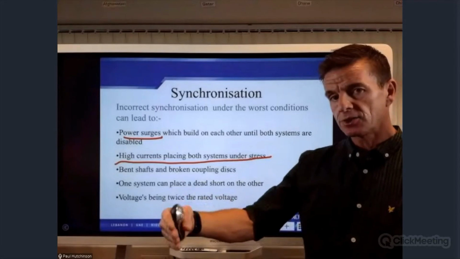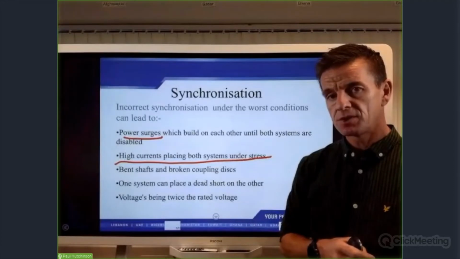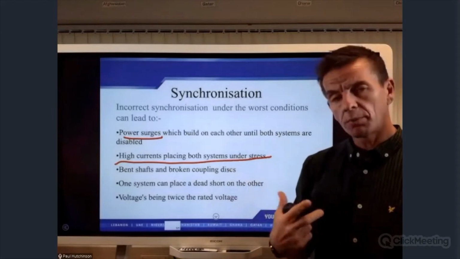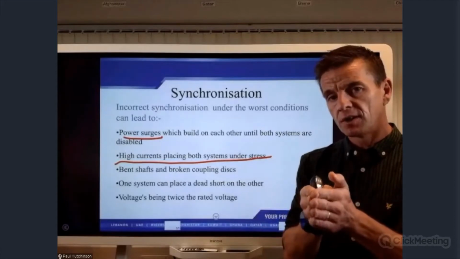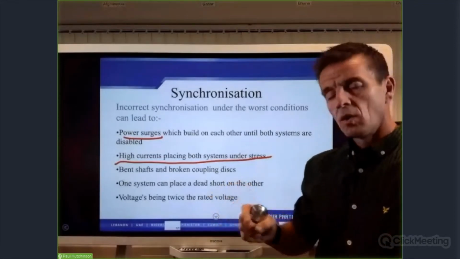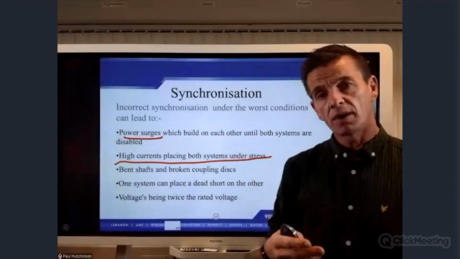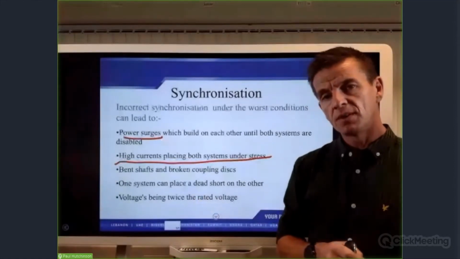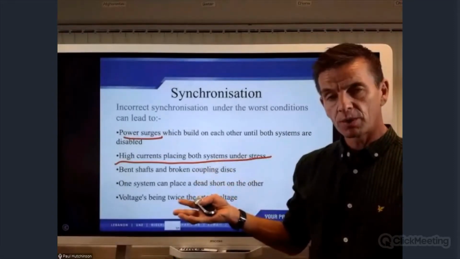Again, bleeding down the line, if it's long enough or done incorrectly, complete damage on one or more units. Bent shafts, broken coupling discs, because remember the engine and the alternator are both connected together. One system can lead to a dead short in the other, or we could see voltages being twice what they should be on the system. Again, these are just some examples of what could happen.